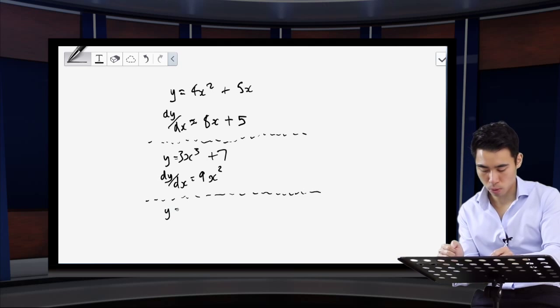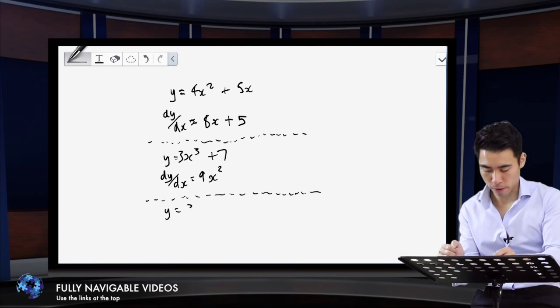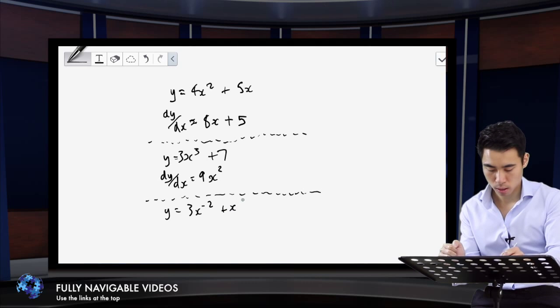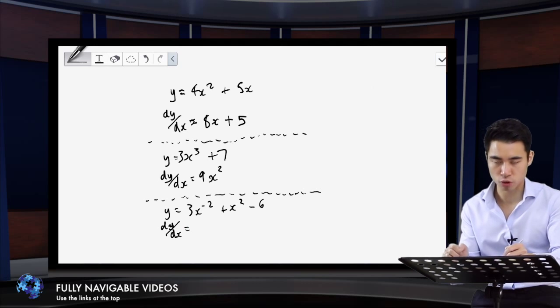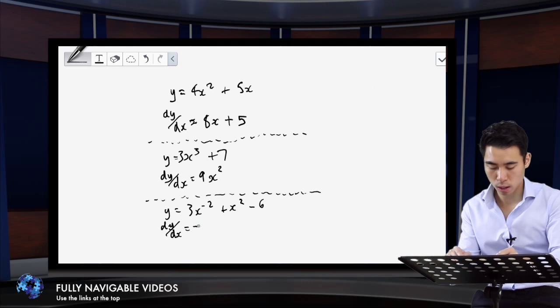Now a longer example, y equals 3x to the minus 2 plus x squared minus 6. Here, dy by dx, again applying those same rules, differentiating each of my terms one by one. Bring that minus 2 to the front, 3 becomes a minus 6. x decreases power by 1, minus 3.